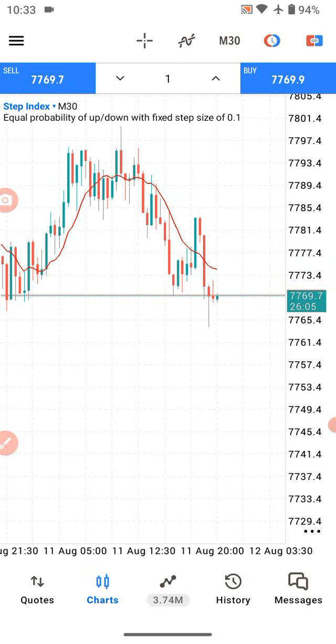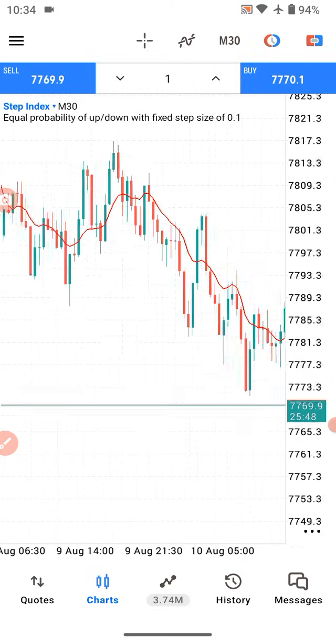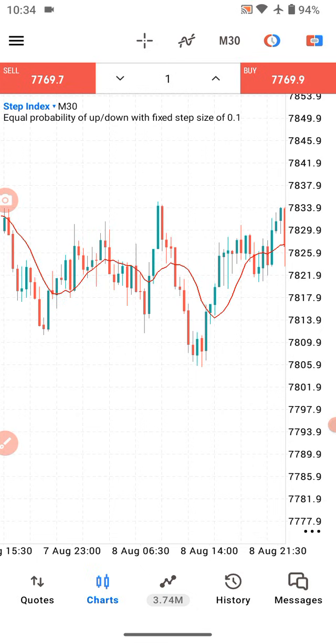So the first thing you need to do is analyze the chart. Step Index chart is the chart I see to be easy to analyze and predict. Why? That is because it has a back-end logic that sees all of the historical movement in a very easy way.